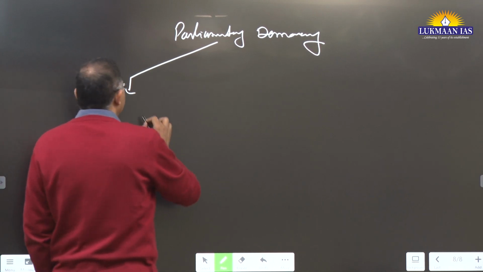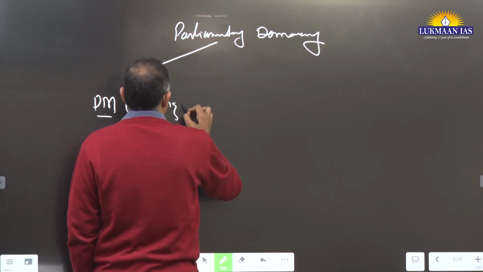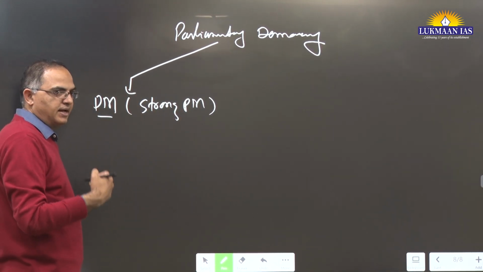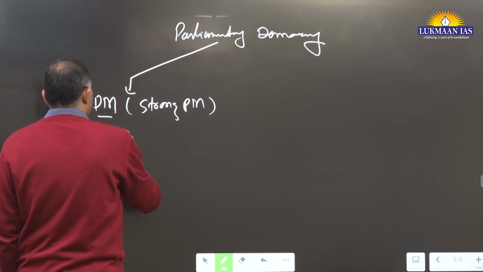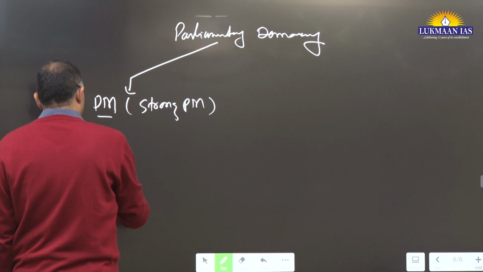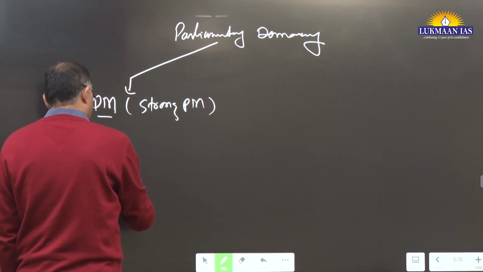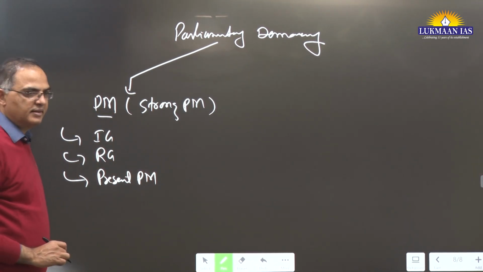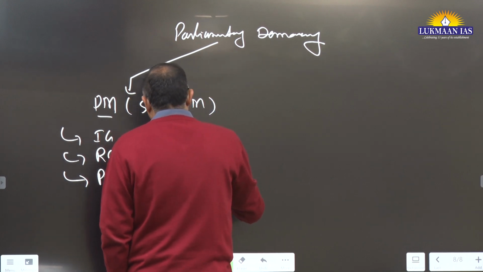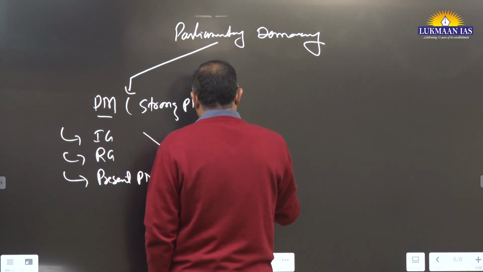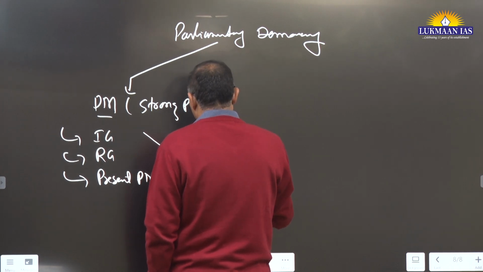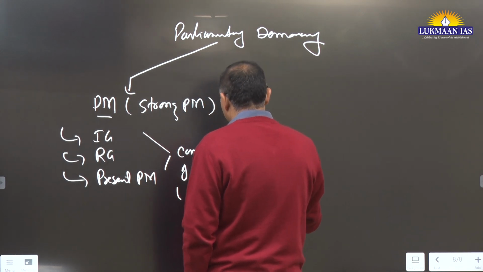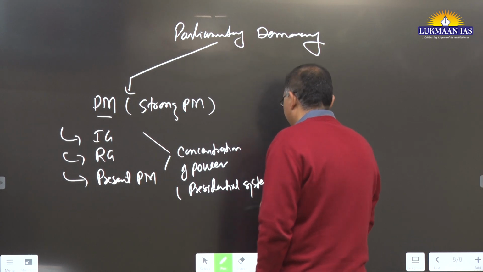Whenever we have a strong PM, which has happened, let's say, 3 times, with Indira, Rajiv, and the present PM, it has resulted in concentration of power, and it has resembled the presidential system. This you can consider.